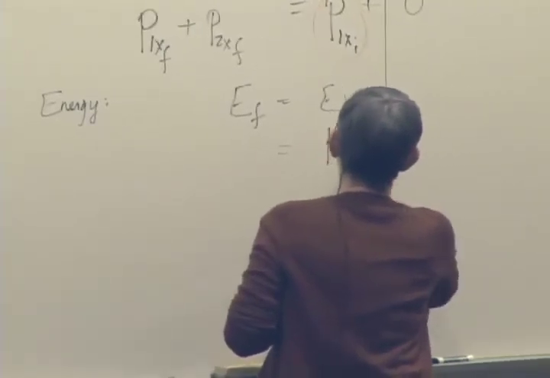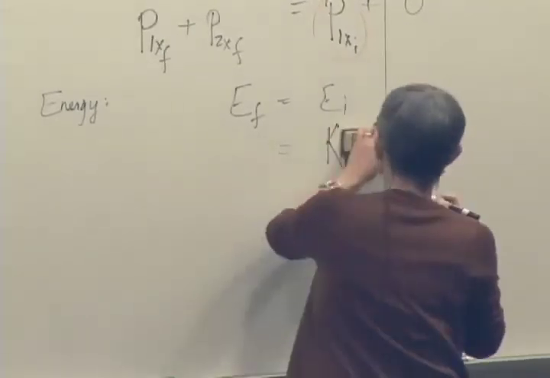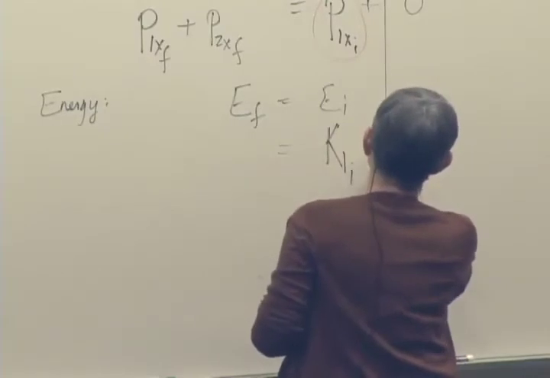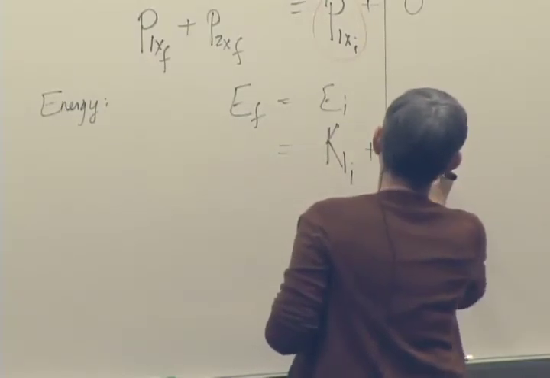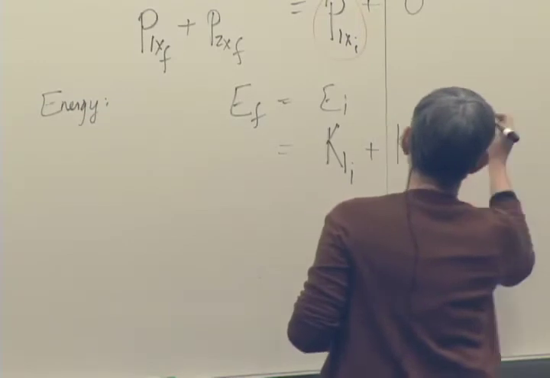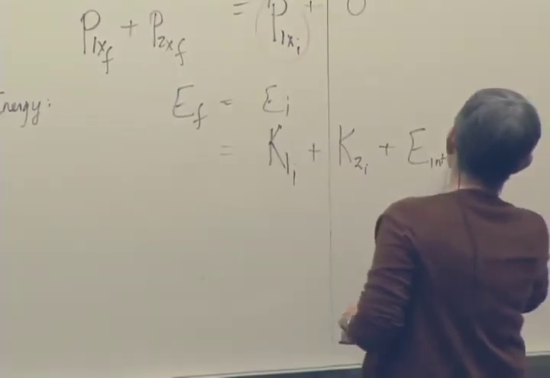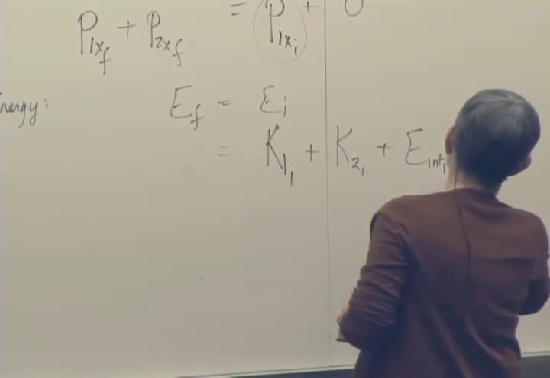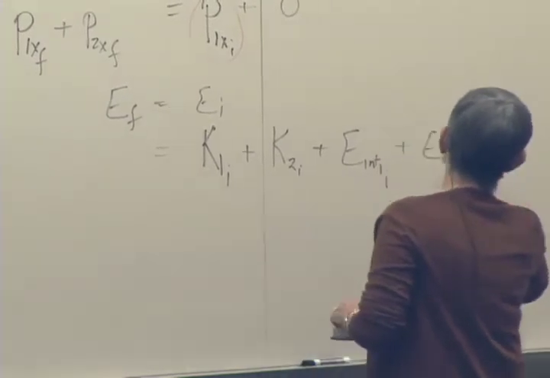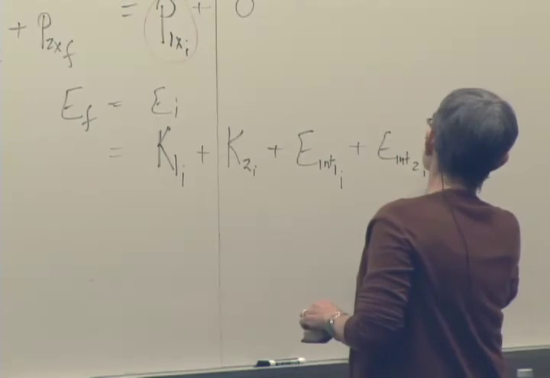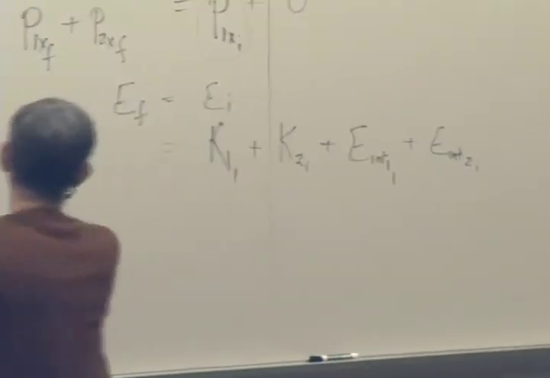The initial kinetic energy of cart 1 plus the initial kinetic energy of cart 2 plus the internal energy of cart 1 plus the internal energy of cart 2. And over here we've still got all the same things.